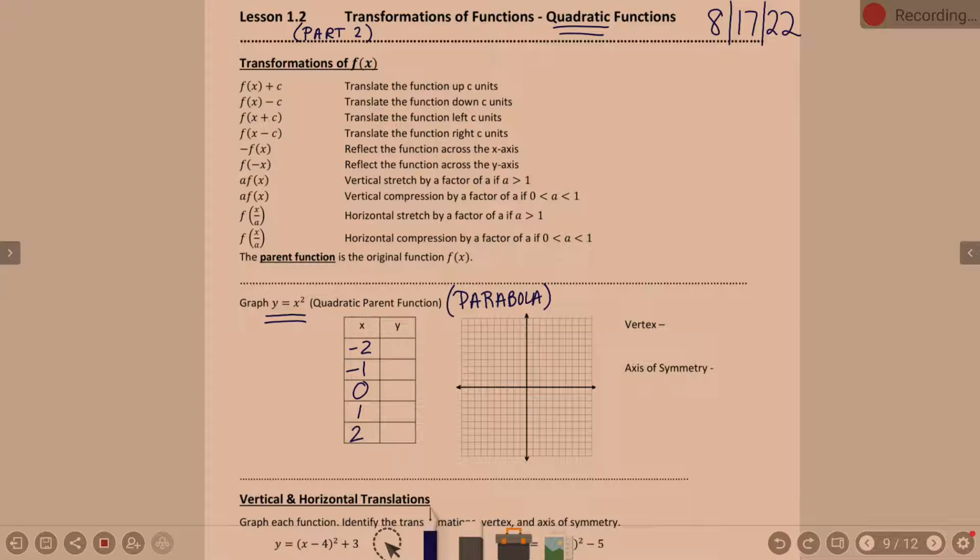What does x squared mean? We take -2 and we square it. -2 squared is 4, because it's -2 times -2, which is +4. If you try to square a negative on a calculator without putting the parentheses, it's going to give you a negative instead of the positive.